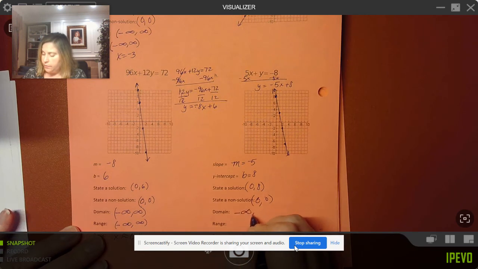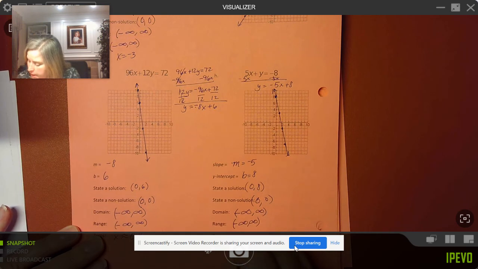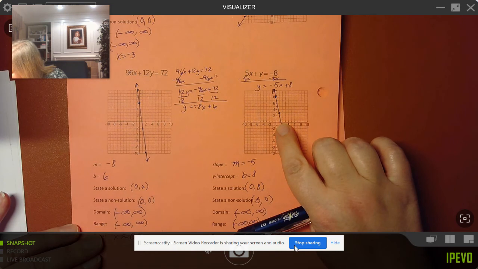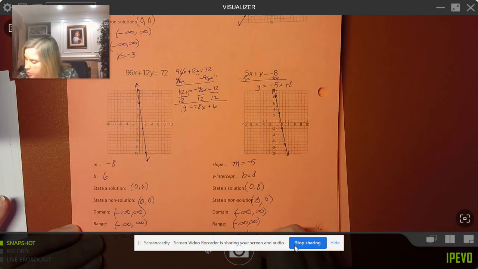So negative infinity to infinity. Range also goes up forever, it goes down forever. So negative infinity to positive infinity. And our zero is approximately equal to, I don't know, it looks like 1.5. Maybe a little to the right, 1.6.